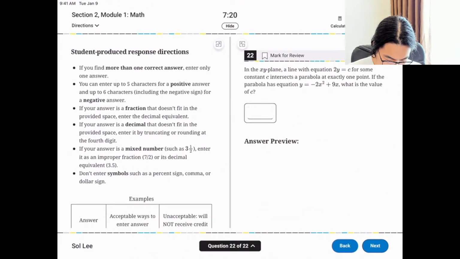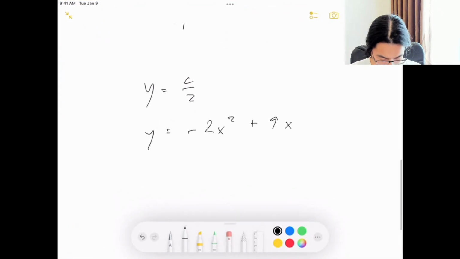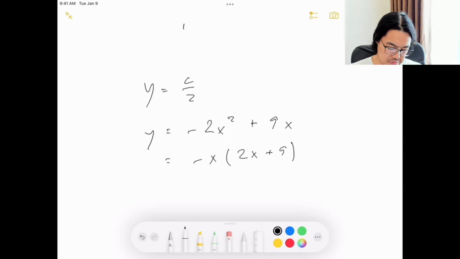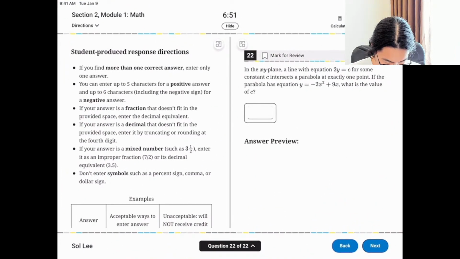Minus 2x squared plus 9x equals minus x plus 2x plus 9. Oh, it intersects at exactly 1 point.